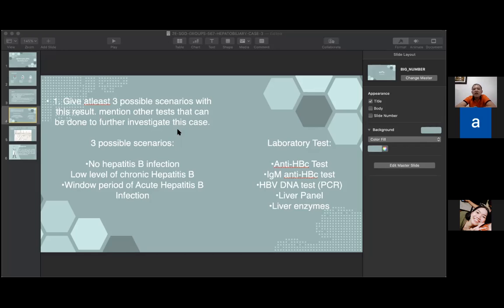That is the first. Was the patient symptomatic here? It's not, so we assume that the patient is asymptomatic.